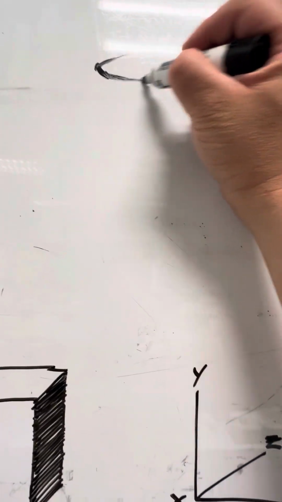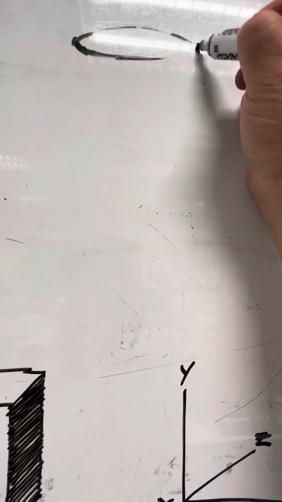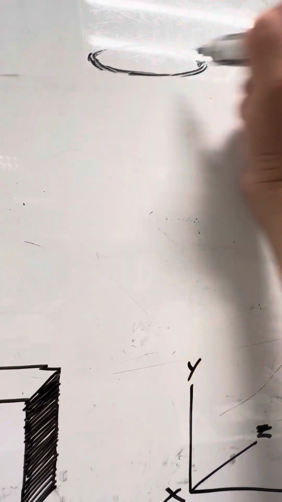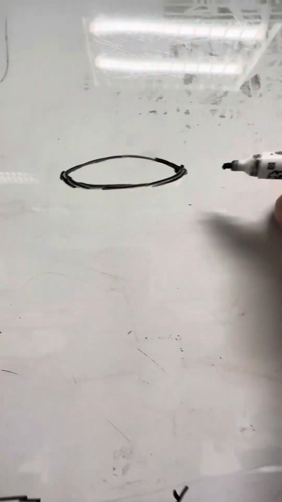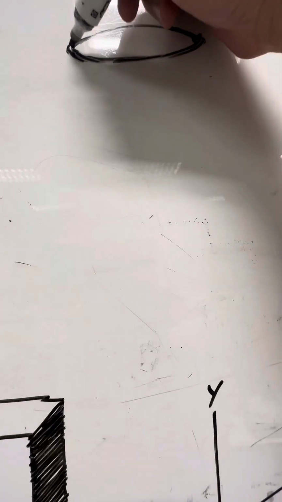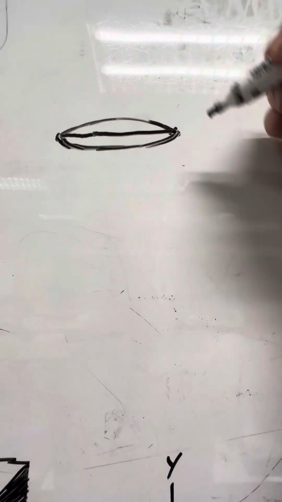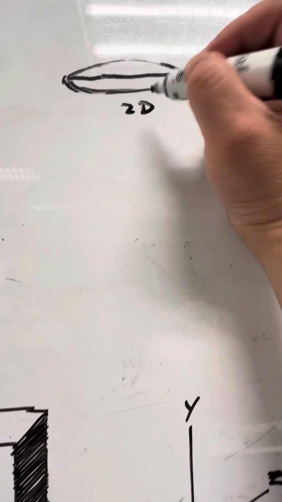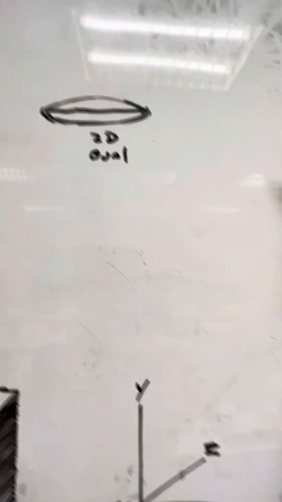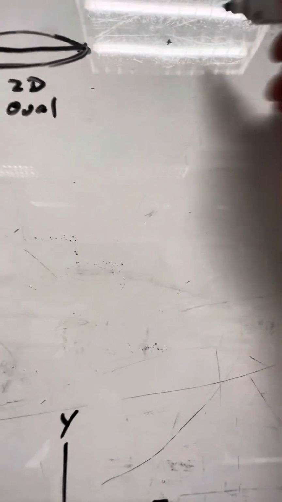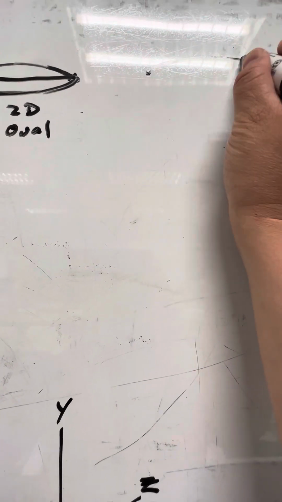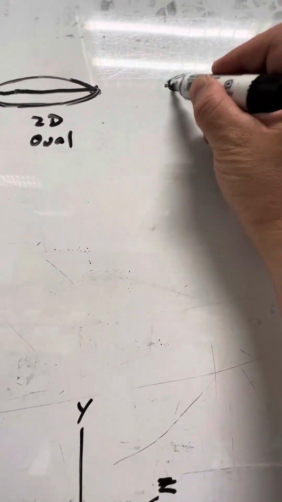We are going to do an oval. An oval is kind of like a circle that is squeezed, okay? And I can even do a guideline in the middle to help me, okay? 2D oval, and in 3D the oval would be like this, right?